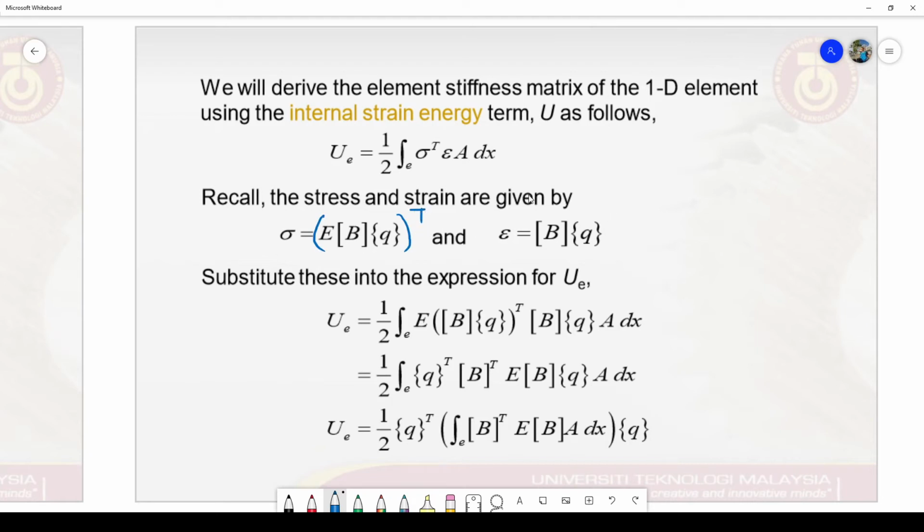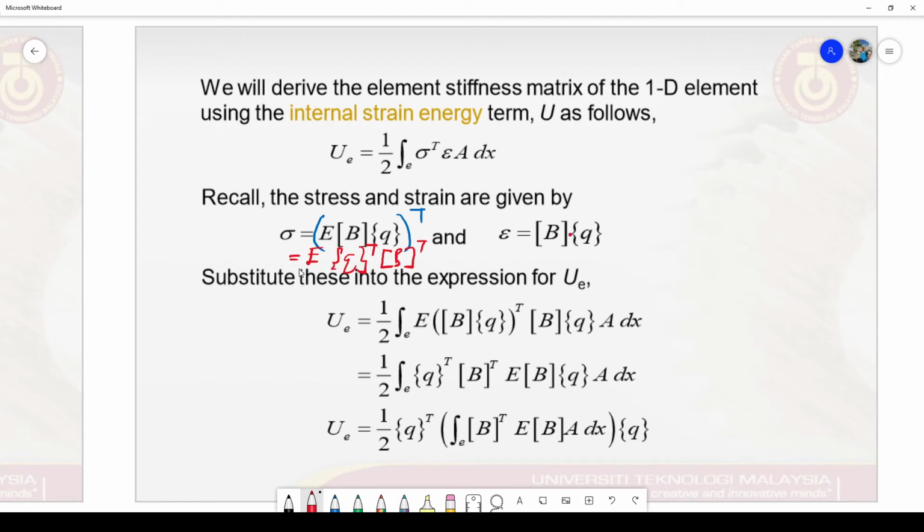According to the matrix transpose rule, the transpose of this is equivalent to E multiplied by Q transpose multiplied by B transpose, and multiplied by the normal strain, which is B multiplied by Q.